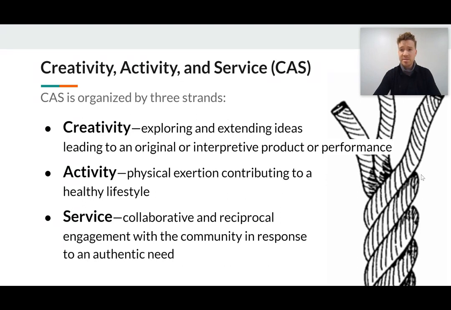So we want our students to pursue their creative passions, whether that's drawing, whether that's playing the flute or the trombone, or you're in a garage band, or you're new to the drums and want to learn. Activity: how are you physically exerting your body?